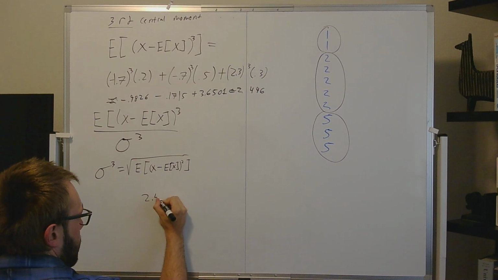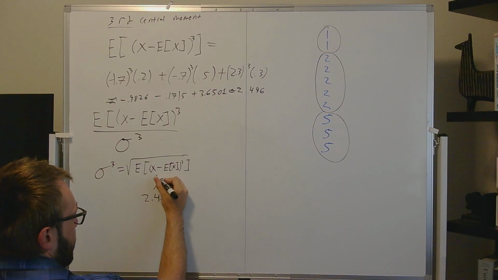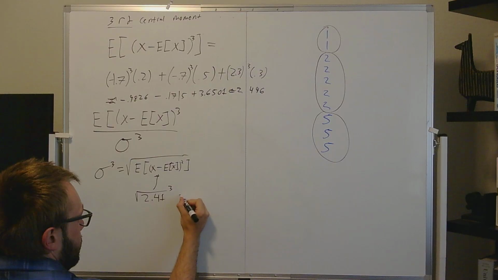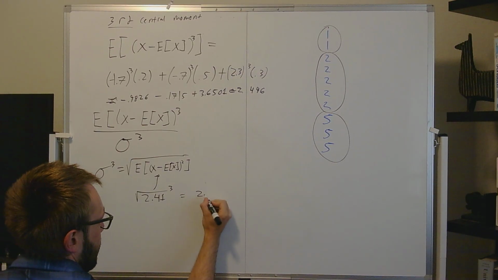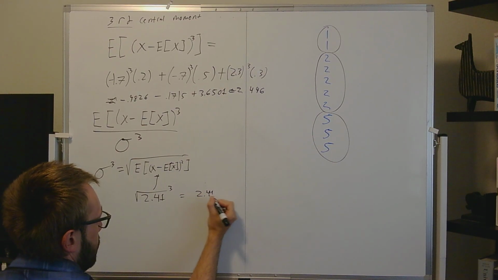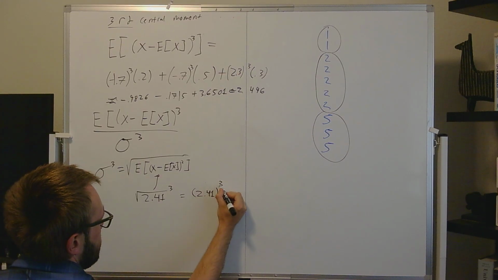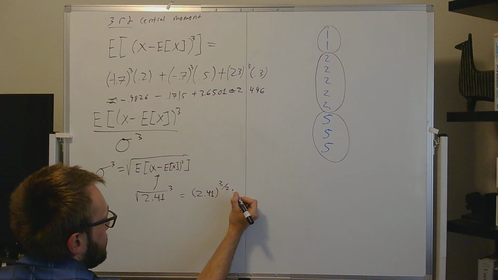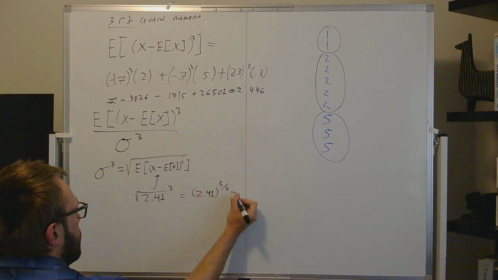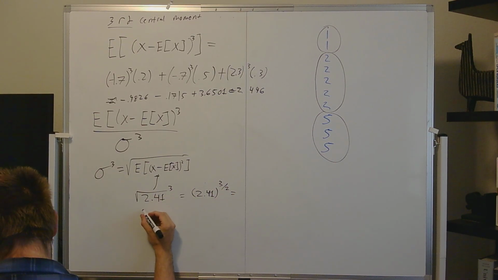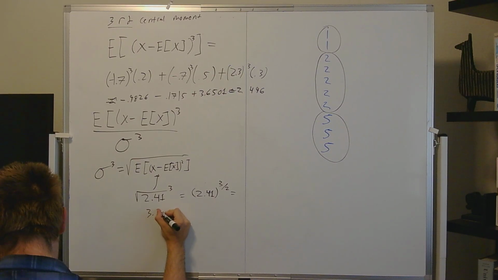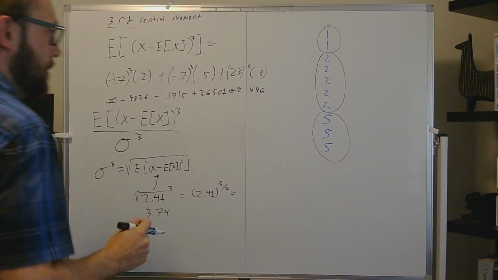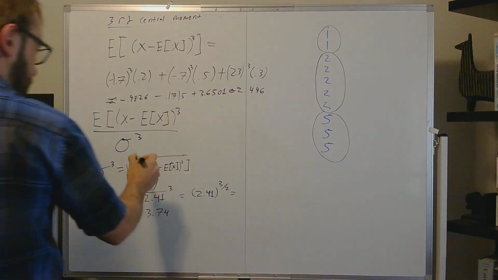Last time we had already calculated what this value was. Then we take the square root, raise it to the third power. That's the same thing as taking 2.41, which again is our variance, and raising it to the 3/2 power. That's going to end up yielding us 3.74.